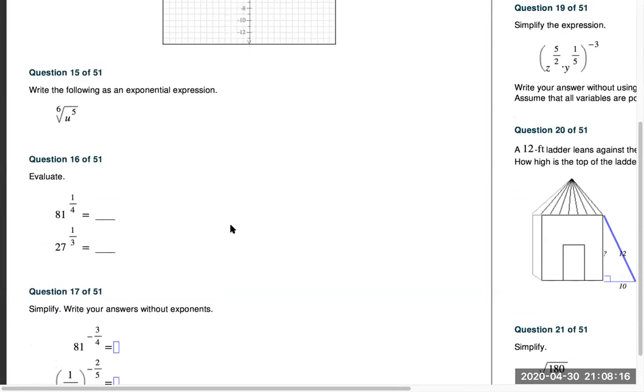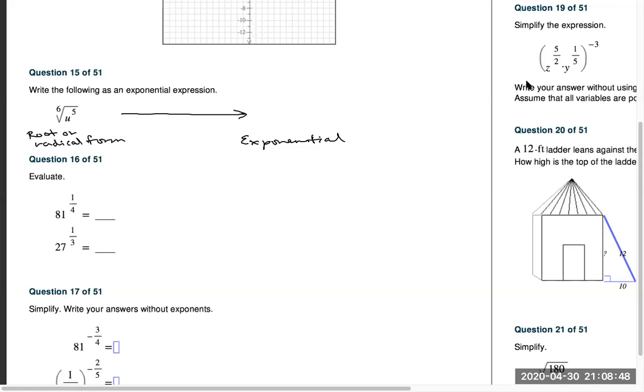Number 15 is next. Write the following as an exponential expression. So this actually goes into what we were talking about with root radical form, which you see here. And when you're writing it as an exponential expression, that means change your radical to an exponent, fractional exponent.